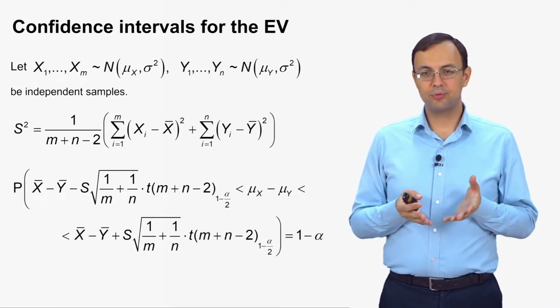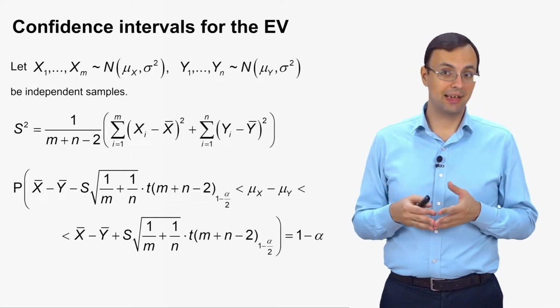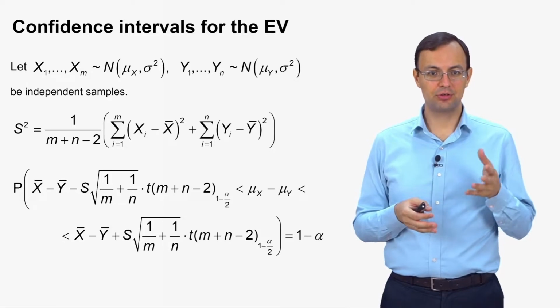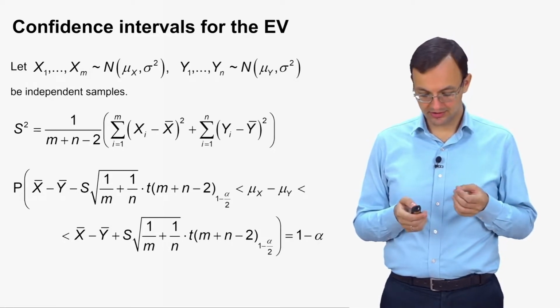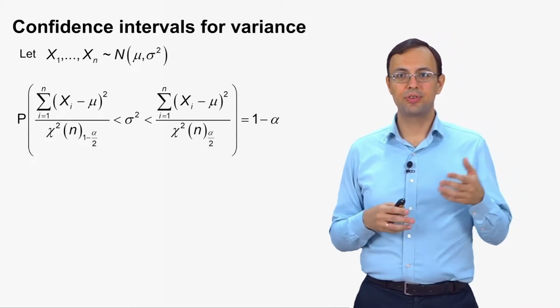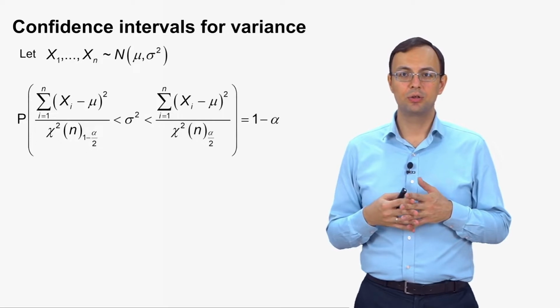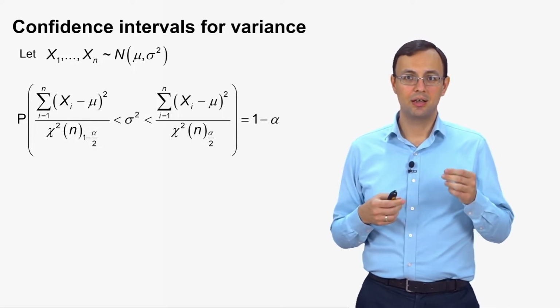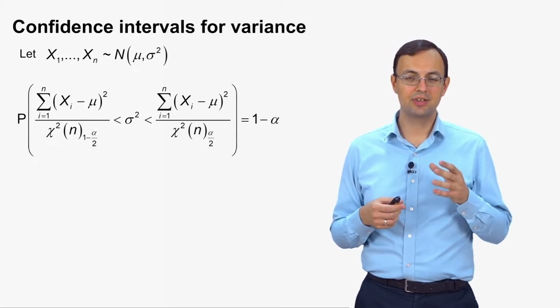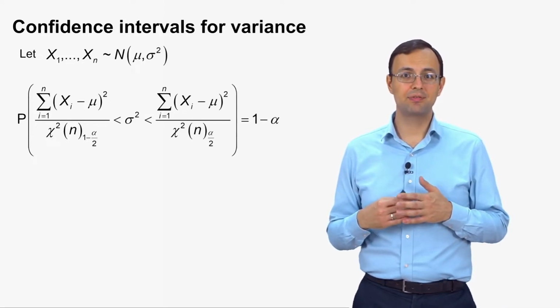That's all as for the expected value. The second parameter we are usually interested in is the variance. So let's consider similar cases. The first case is when you want to find a confidence interval for the variance of a normally distributed sample when the expected value is given.